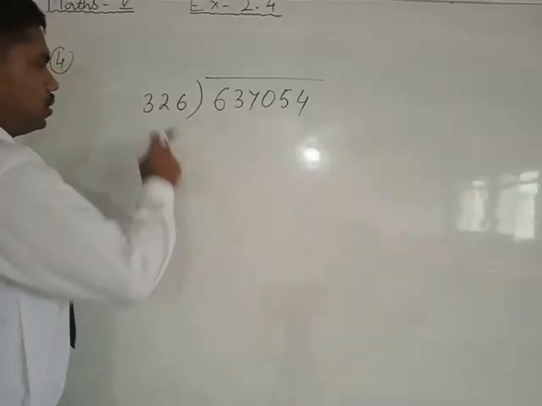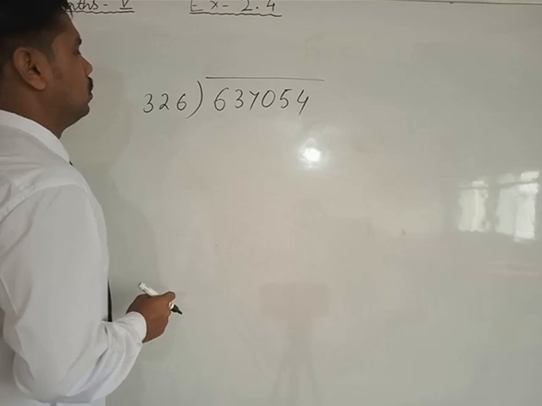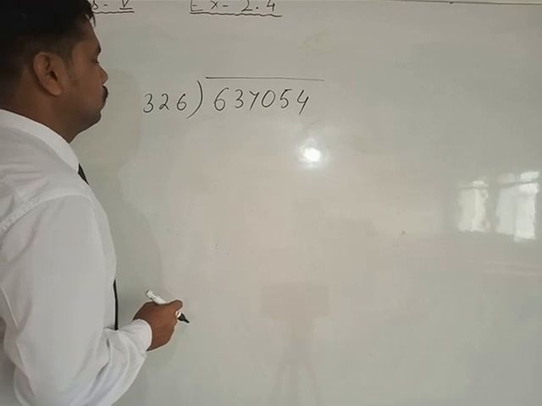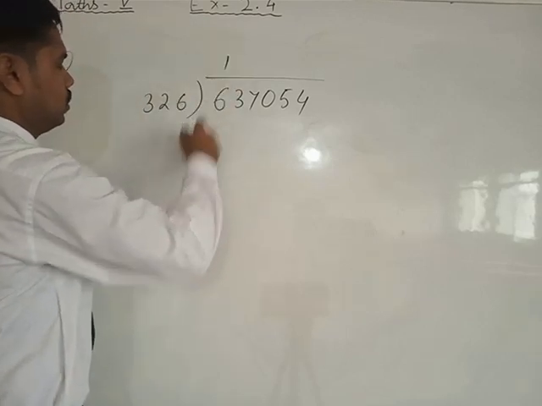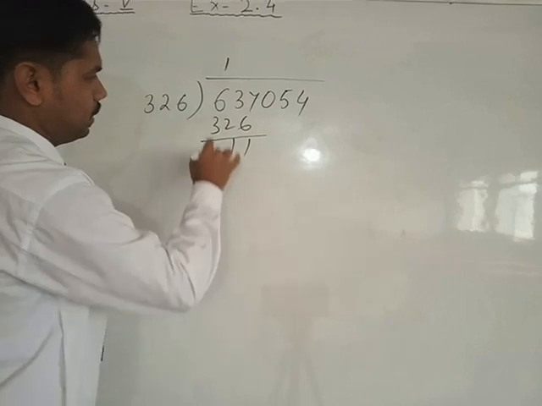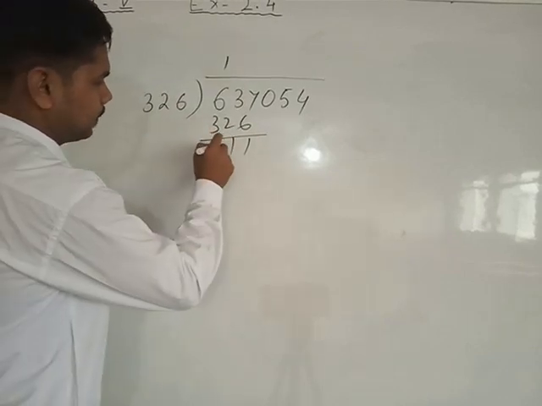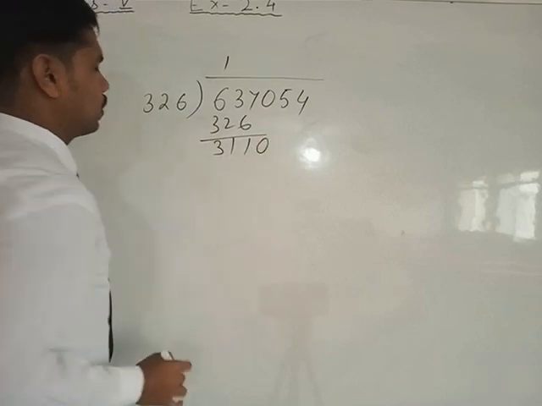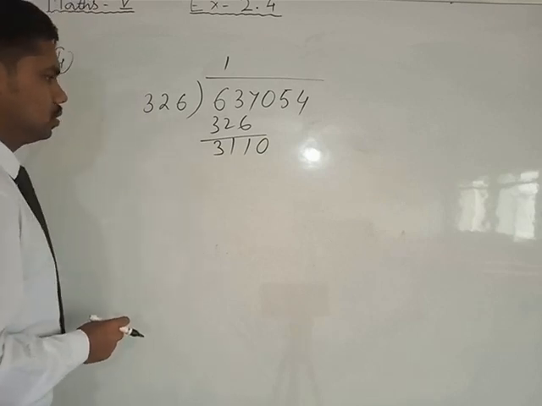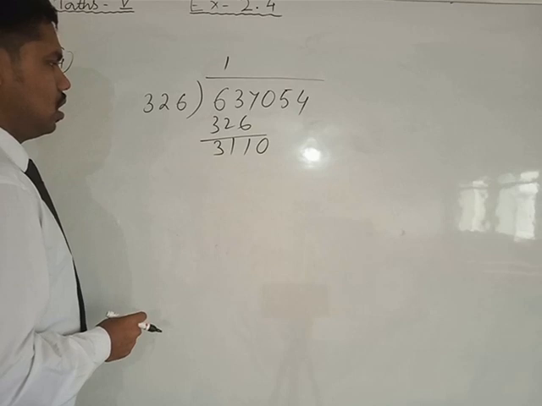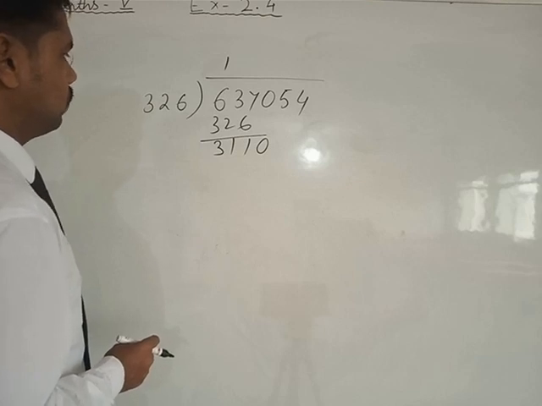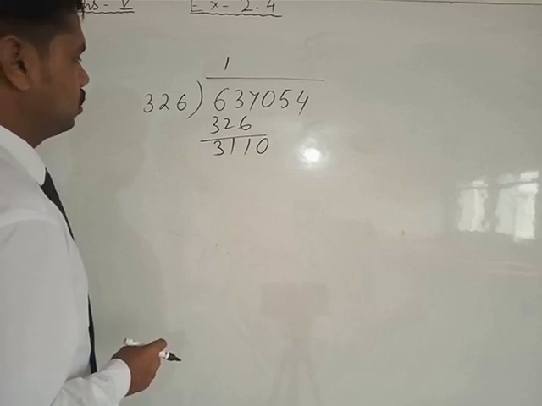Let's check now. 326 is the divisor, and the dividend is large. 3 twos are 6, so we get 52. We need a number that, multiplied by 326, fits. 3, 4 will be larger. No, 5, 6, 7, 8, 9.